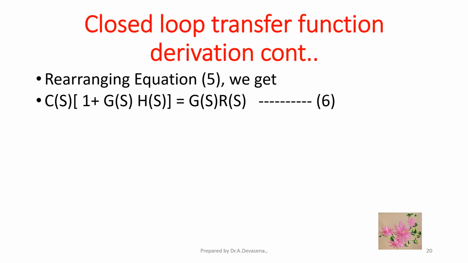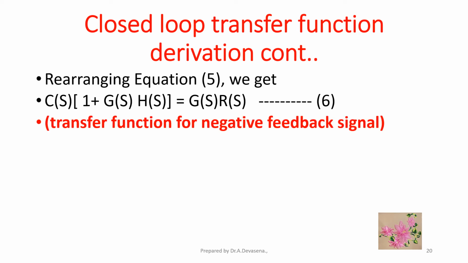That is, we have got the value of C(s) that is available in the LHS side to the RHS side from equation 5. So equation 5 becomes C(s) into 1 plus G(s)H(s), that is equal to G(s) into R(s).